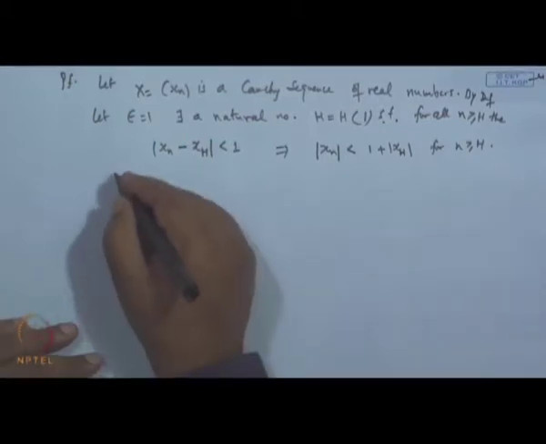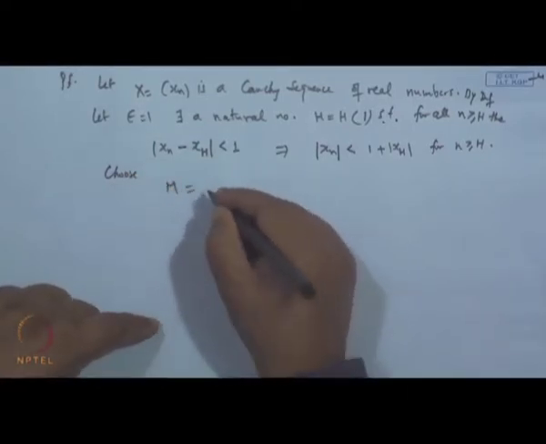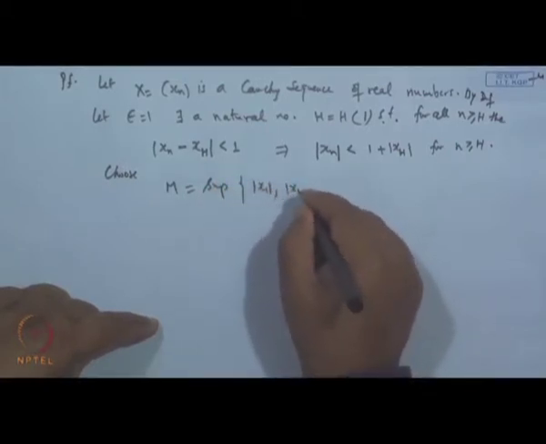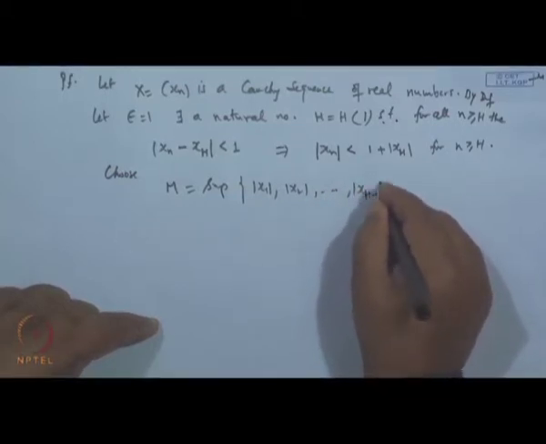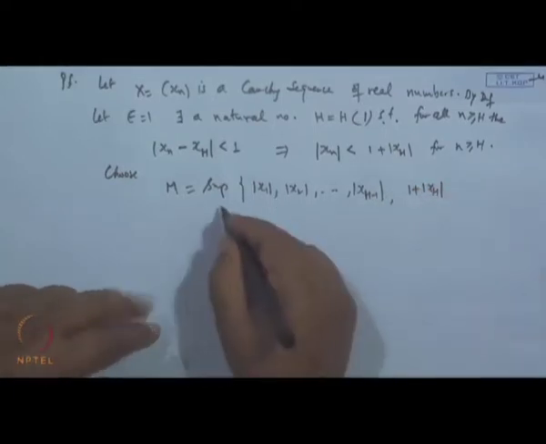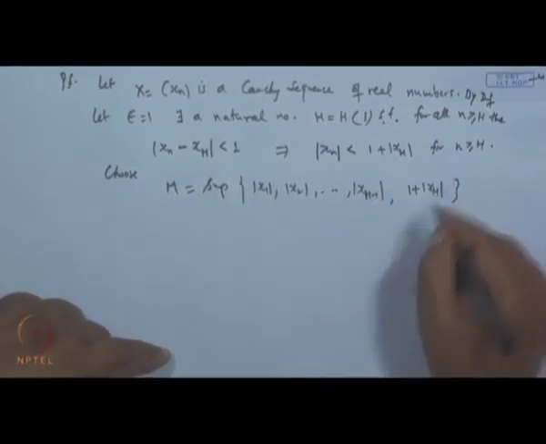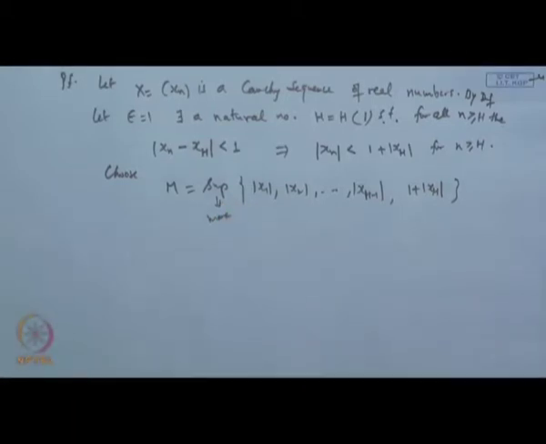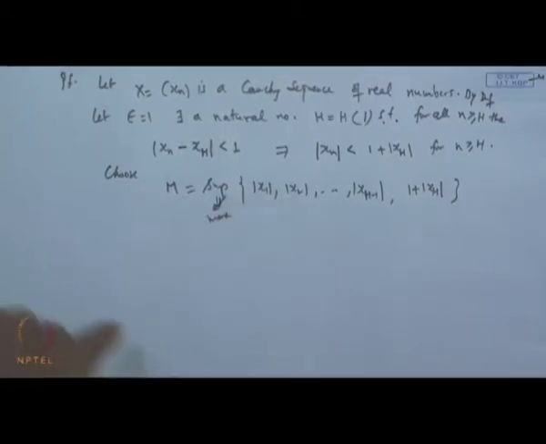And then further you choose capital M as the maximum value of mod x 1, mod x 2, up to mod x h minus 1, and then 1 plus mod x h. In fact, I have not defined supremum, because these are finitely many numbers, so we can use the maximum instead.